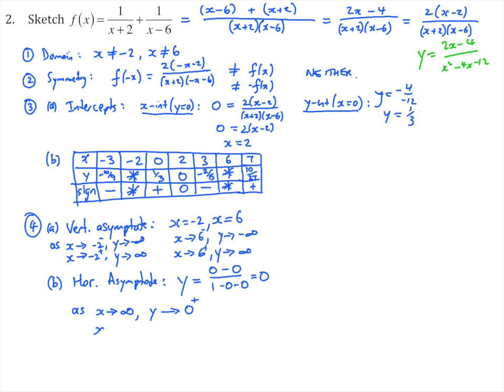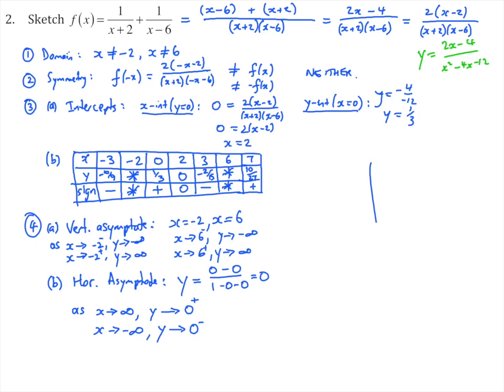When you plug in minus infinity, you're going to get an answer that's very close to 0, and it's going to be negative. Now, how did I know that? Well, I know it's going to approach the asymptote, and minus infinity is way out to the left, so it's going to be minus, and that is why it's minus, and out to the right it's going to be plus, and that's why to the right it's plus. Now it's time to draw a graph.